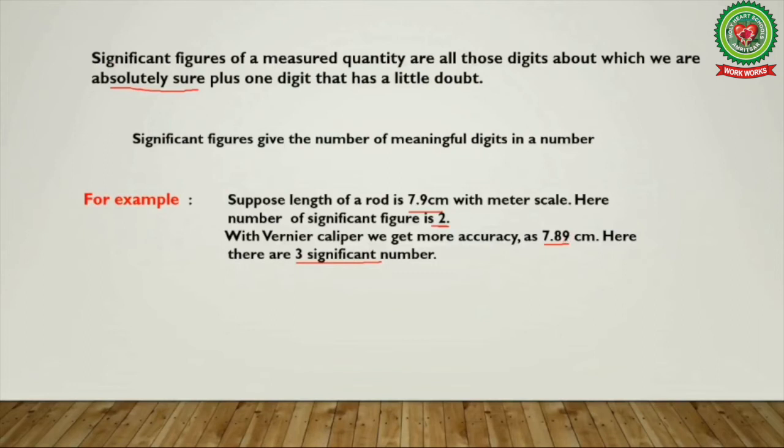Significant figures is equal to the total number of digits about which we are sure plus one digit that has a little doubt. Here 9 has the little doubt, we will add this also. In the earlier case, this 7.9, that has a little doubt. So this is significant figures.